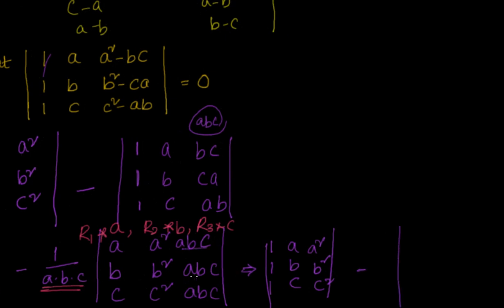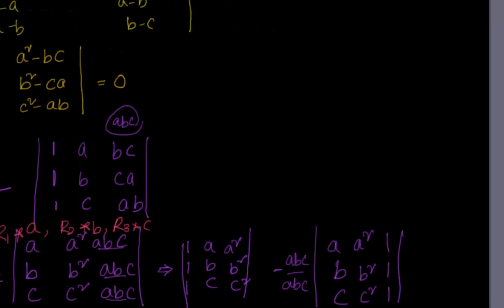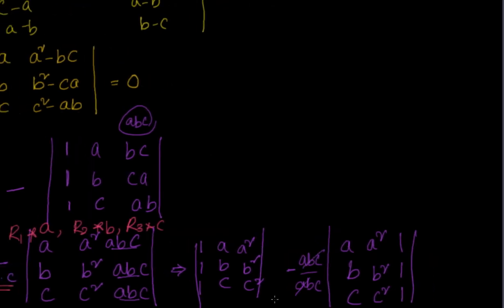Now you can see that you can take ABC common in the third column, so it will become ABC by ABC, and I will have A square 1, B square 1, C square 1. ABC will cancel out, and you know that this is equal to this. So the first matrix is equal to the second matrix.